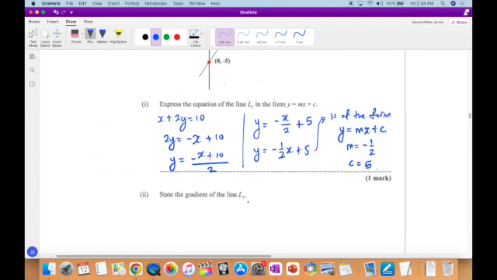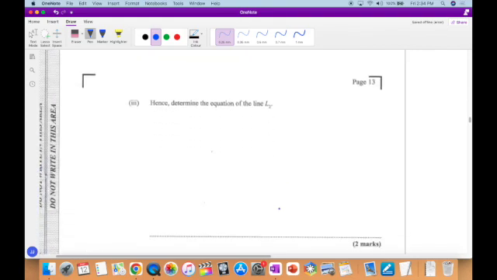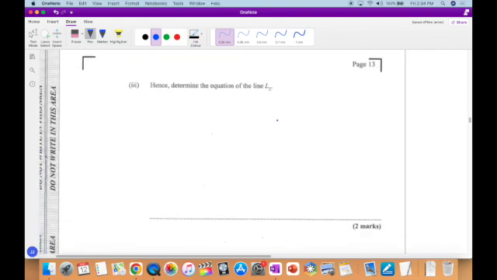State the gradient of the line L1. Well, I just did. The gradient m of L1 is negative a half. Hence, determine the equation of the line L2. Well, if the m of L1 is negative a half and L1 is perpendicular to L2, this implies that the m of L2 will be equal to 2.